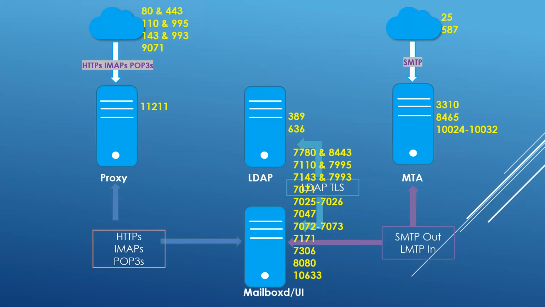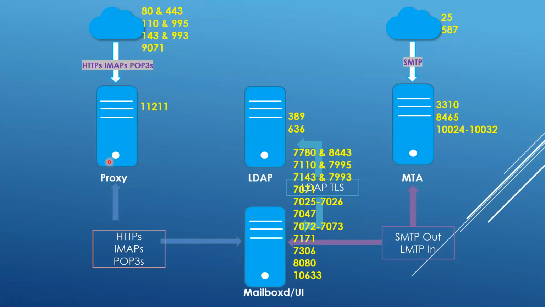Now I'll explain all the external ports and internal ports. Let's assume we have an individual proxy server, LDAP server, MTA server, and mailboxd. So when a user accesses web access, he sends a request on 80 and 443, and proxy receives those requests on 80 and 443.